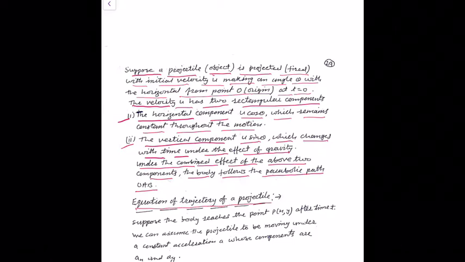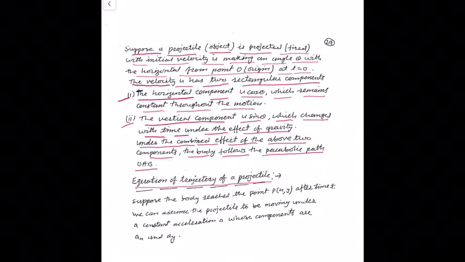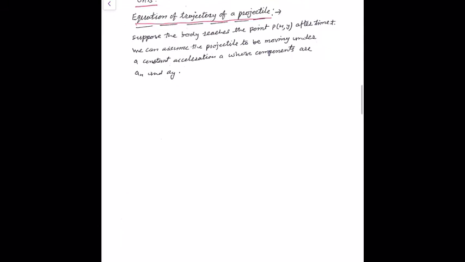Next, equation of trajectory of a parabolic path, means a projectile.